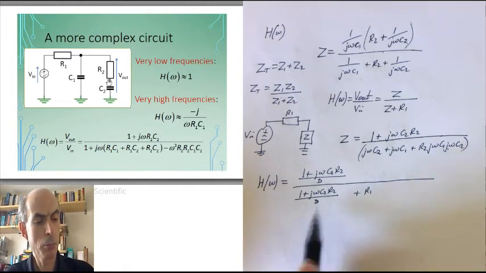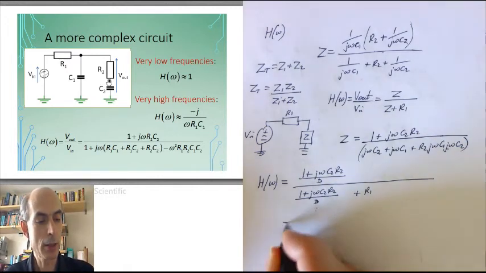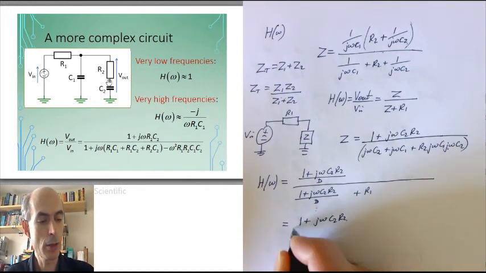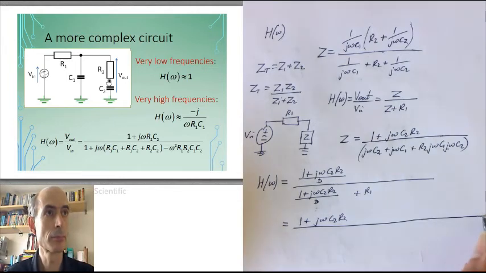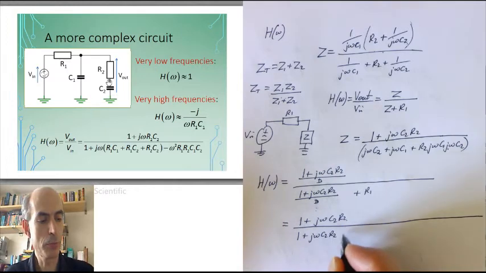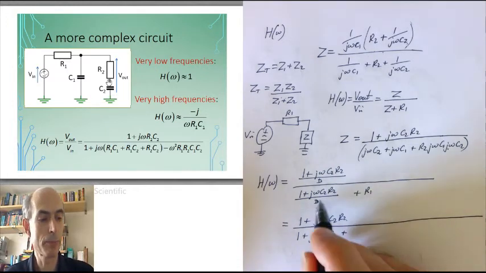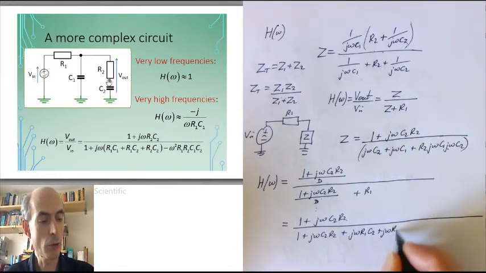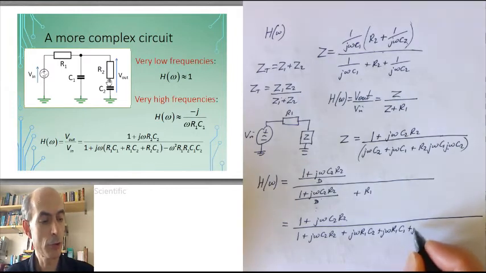Right, multiply top and bottom by D, and I end up with 1 plus j omega C2 R2 over 1 plus j omega C2 R2 plus R1 times D. This is D. That would give me j omega R1 C2 plus j omega R1 C1 plus j omega squared times R1 R2 C1 C2.